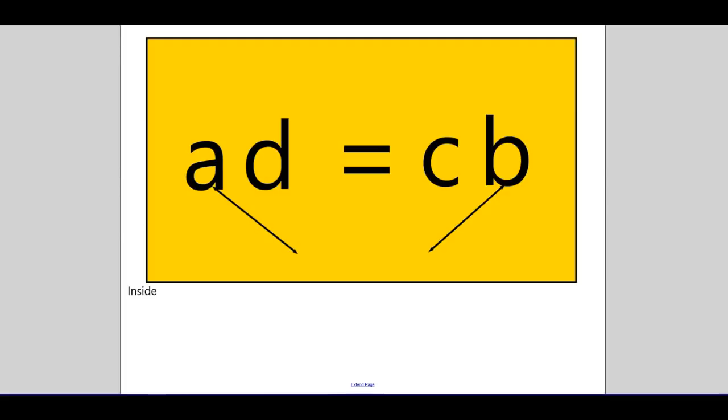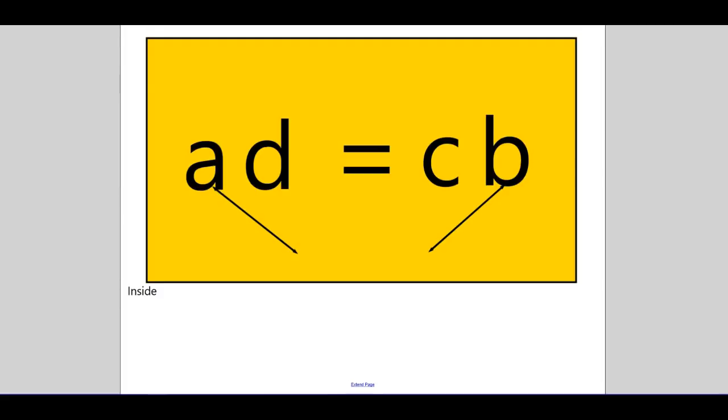So once you cross multiply, you have the arrows that you see on here, and they represent I'm cross multiplying this way. So I'm multiplying my C times my B. If you go back to the other side, again, you're cross multiplying here. You're having A times your D. Again, the arrows are showing you the direction that you're cross multiplying.